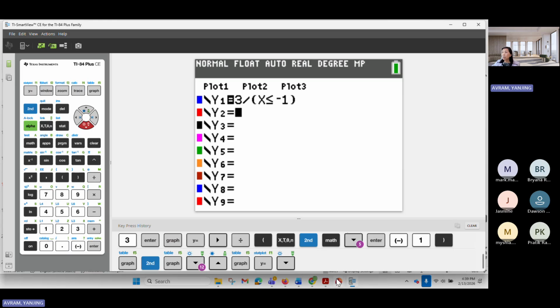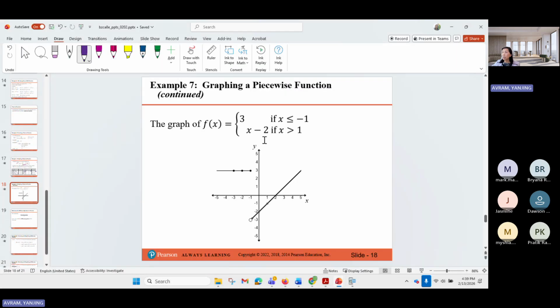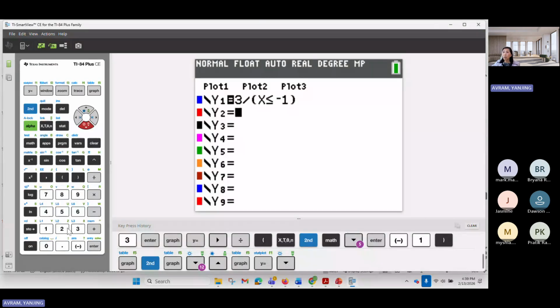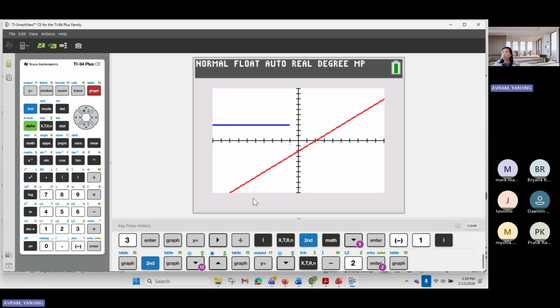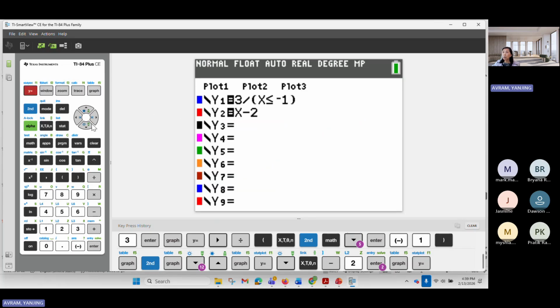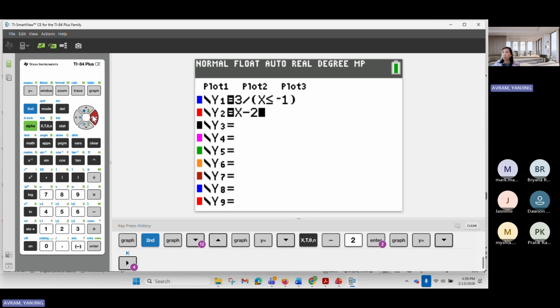Very similar with the second piece, right? For the second piece, I have x - 2. And if I do not give you a limitation, this will graph all the way from left to right, because x can be any real number. So if I want to do the piecewise, I have to control the x value very similarly.